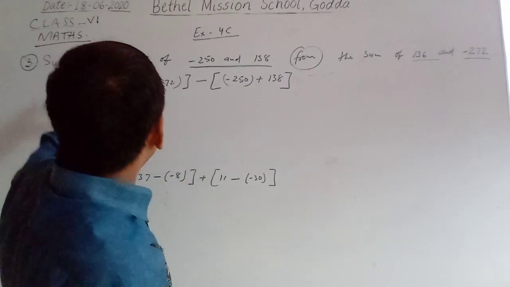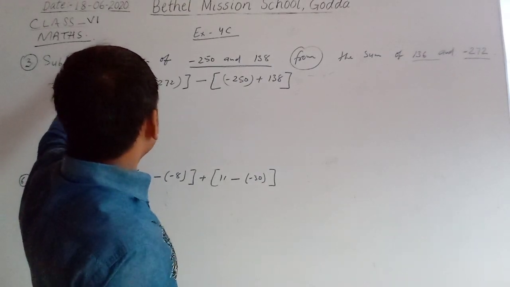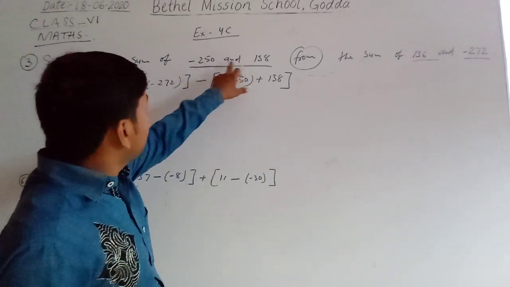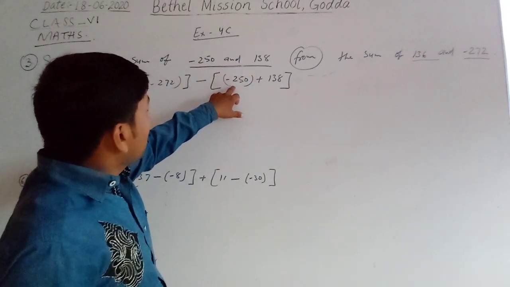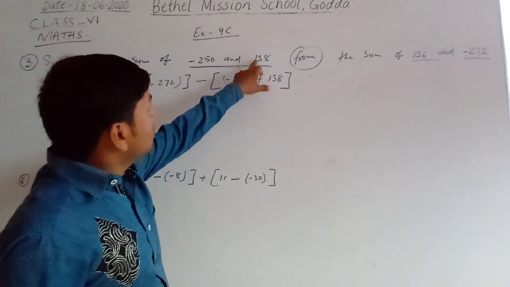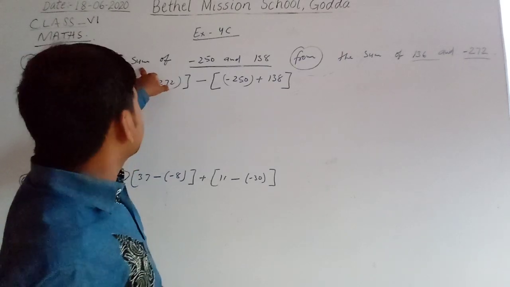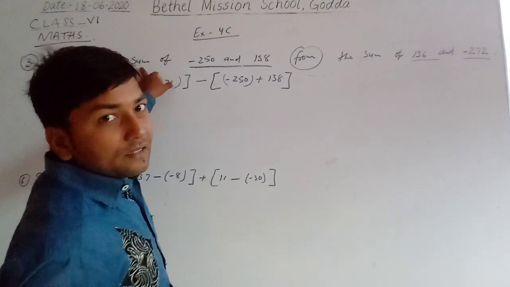Once again, the question says that subtract the sum of this and this. We have to subtract minus 250 plus 138, because sum we have said that sum means plus.